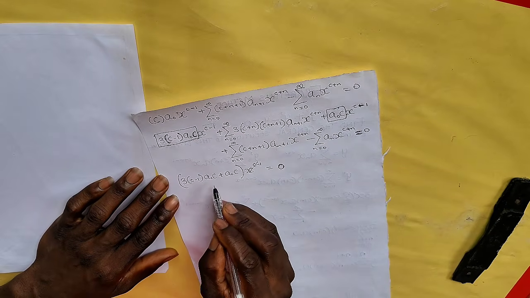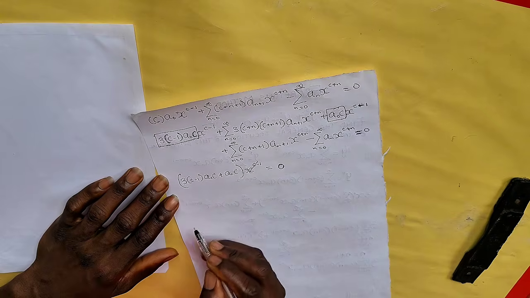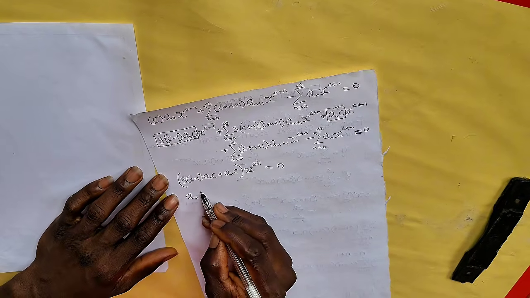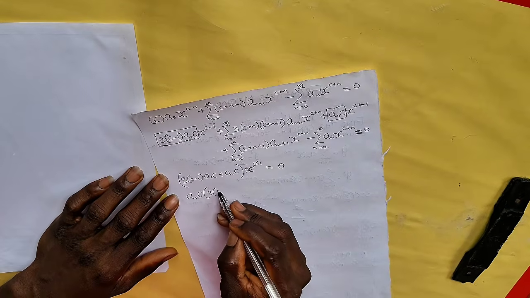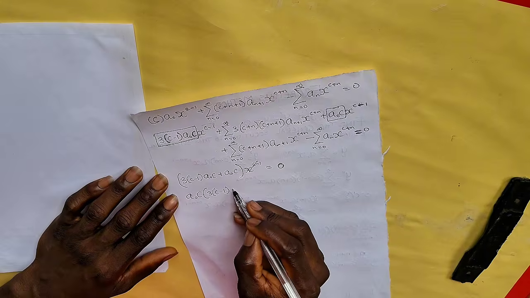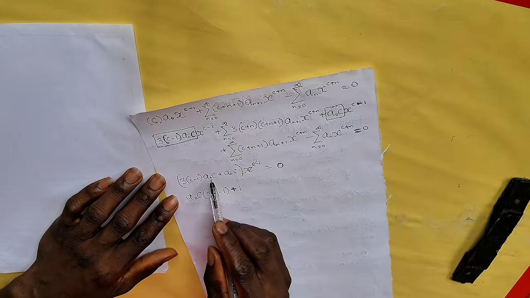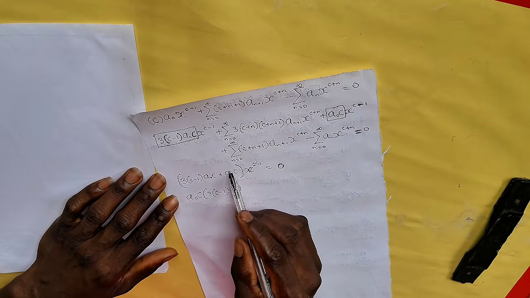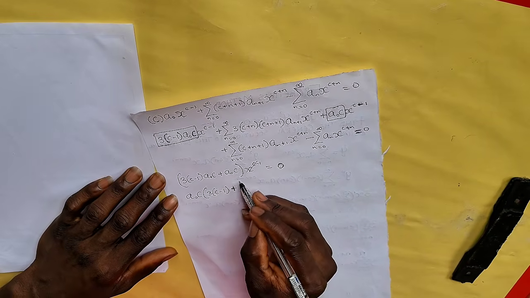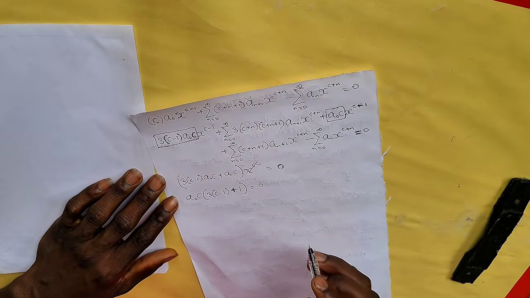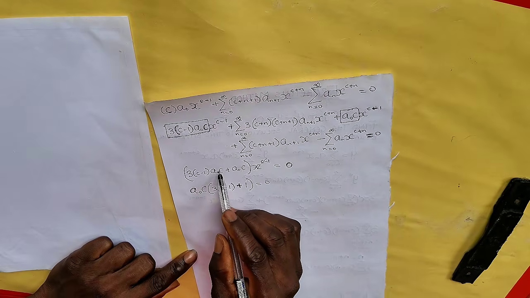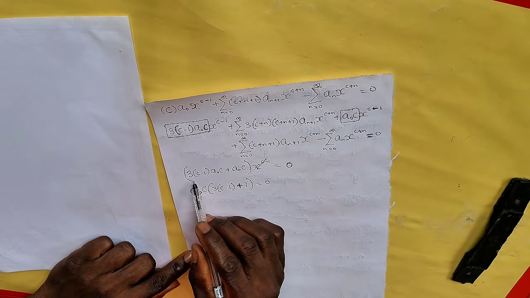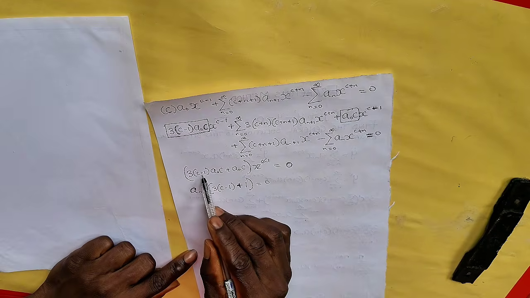Because a naught c is common, I can factorize it out as a naught c into 3(c minus 1) plus 1, equals 0. As I factorize a naught c out of the first term, I'm left with 3(c minus 1), and from the second term, I'm left with 1.